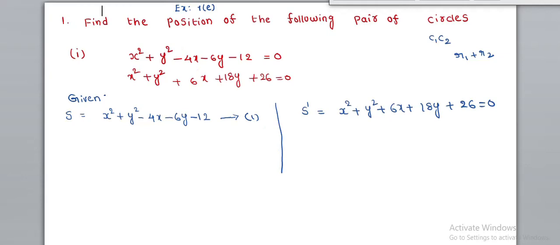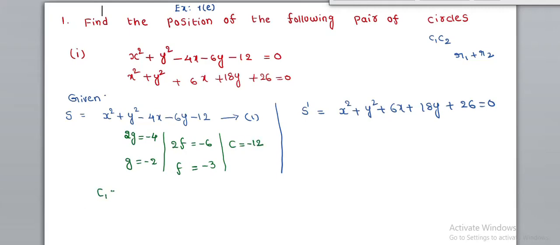In the question, observe, comparing with the equation of circle x square plus y square plus 2gx plus 2fy plus c. Comparing, 2g is equal to minus 4, g value is minus 2. 2f equal to minus 6, f equal to minus 3. Constant c is equal to minus 12.